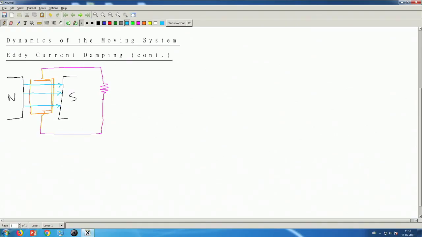This EMF will cause some current to flow, and using Fleming's right hand rule we can find the direction of the EMF, thereby the direction of the current, and then using Fleming's left hand rule, the motoring rule, we can find the direction of the force or torque which will act on this coil.